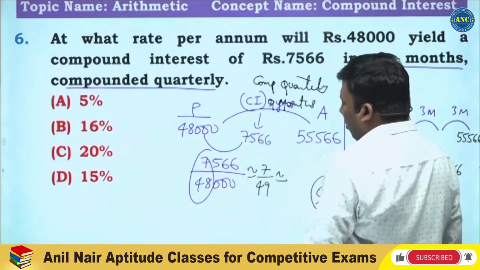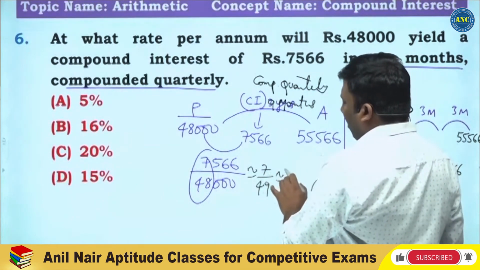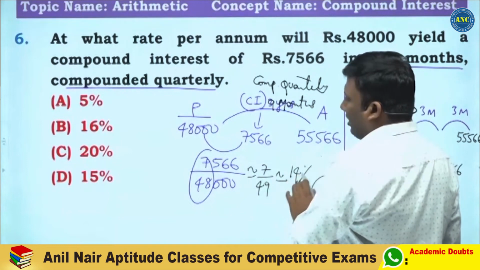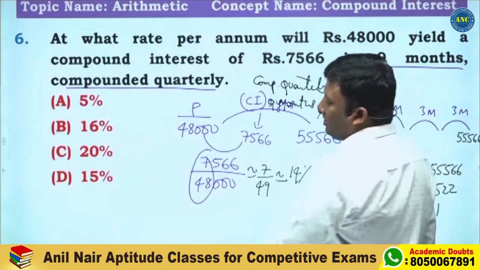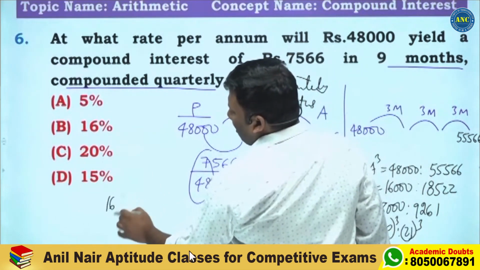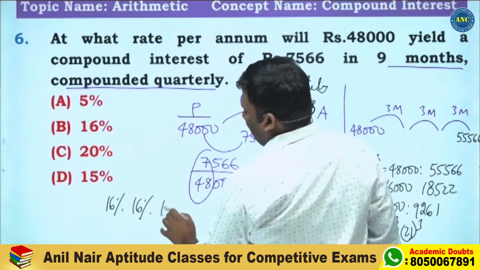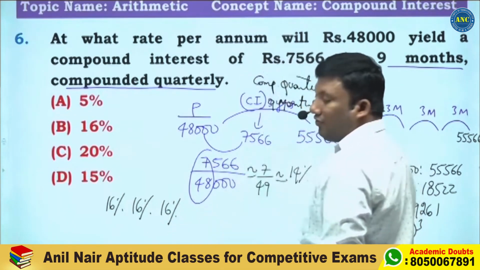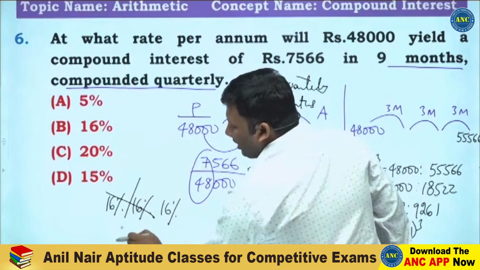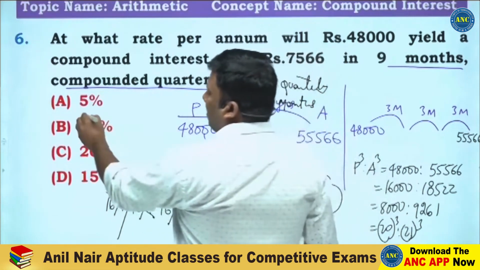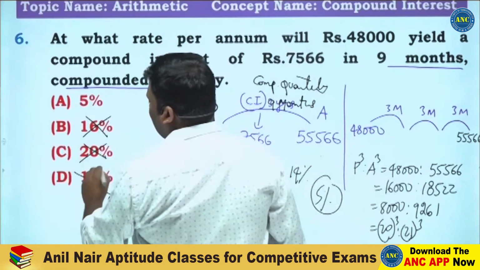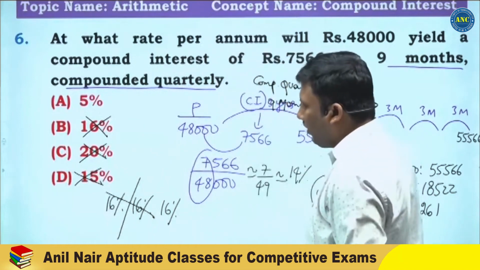Answer will be closer to 1 by 7. 1 by 7 is 14%. Answer done successively. Second option 16, 16, 16. Answer should be closer to 15. It is only greater than 32. Out. If 16 is out, anything greater than 16 will give more values.